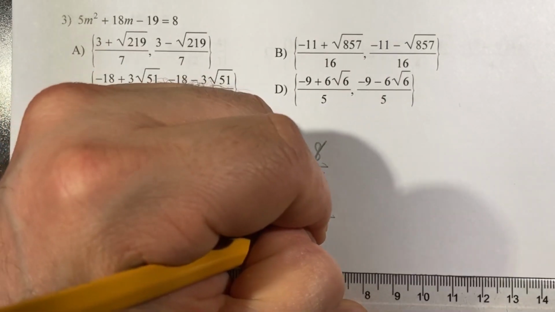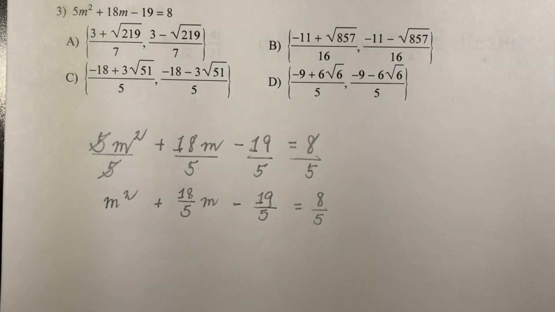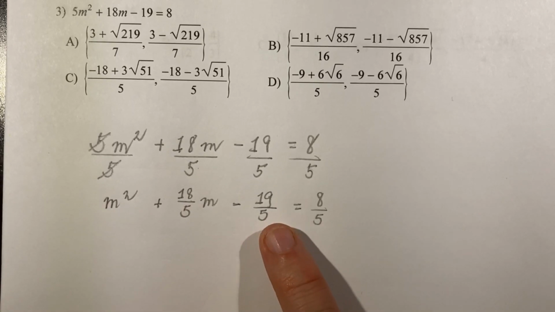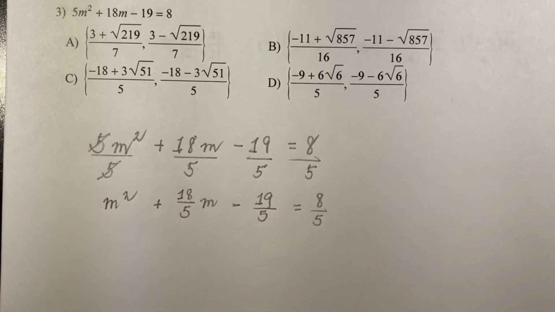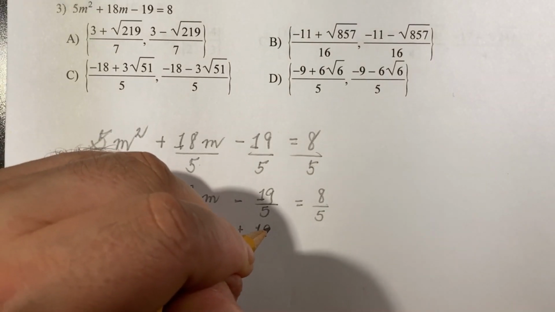Now this looks hard, but it really isn't. So just follow the process. Now we have a leading coefficient of 1, so we can just add that constant term 19 over 5 to both sides. Add 19 over 5 to both sides.